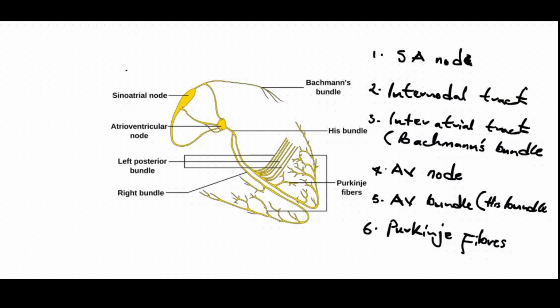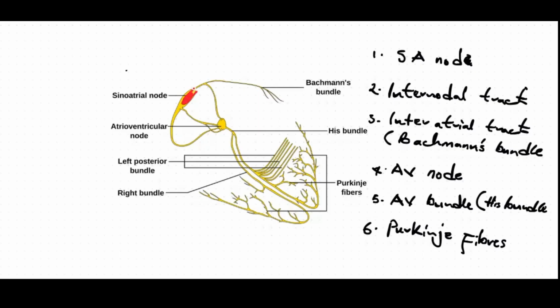Before we end this lecture, let's go over everything again, looking at the skeleton. So this is the skeleton of the conducting system, removing the heart muscles. Right here we have the SA node. I said the SA node is found at the junction of your superior vena cava and your right atrium. Take note, it's a very common MCQ question.